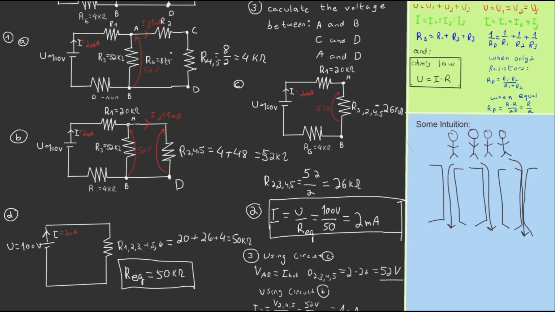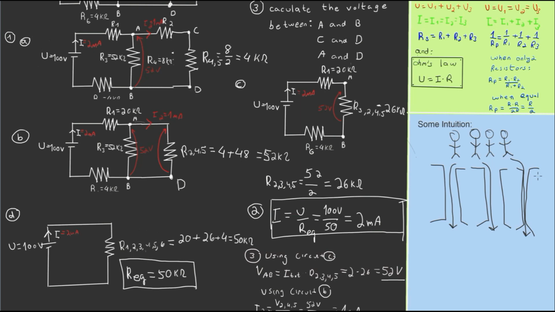What they're asking us is the voltage between this point and this point, and the only resistor between these 2 points is R245. So the voltage between A and D is the voltage over R245, but we already know this voltage. The voltage over R245 is exactly 52 volts. So VAD is exactly 52 volts.